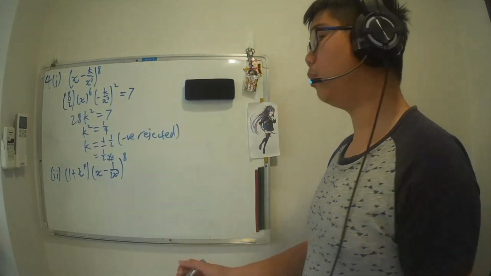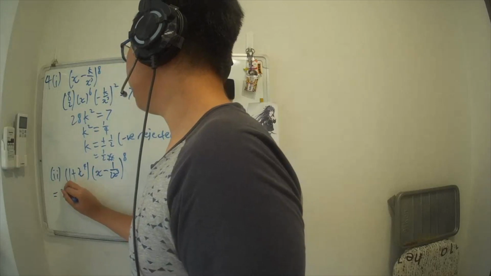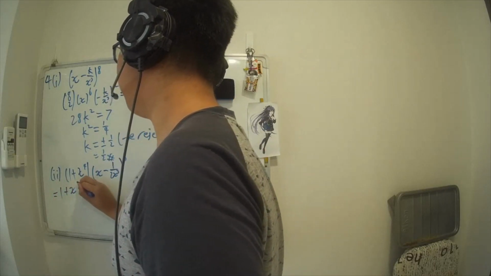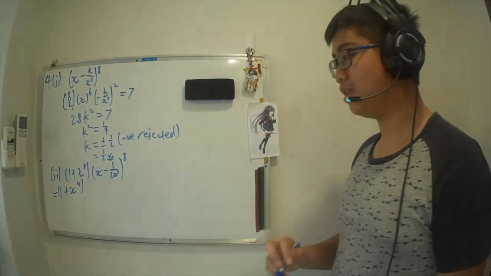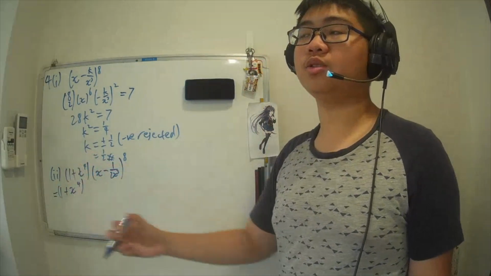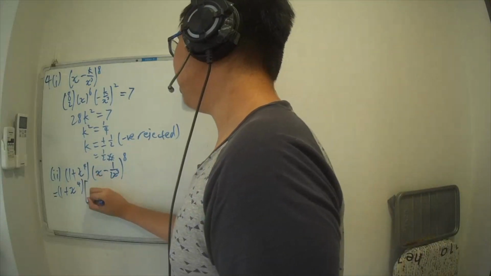So let's do this the normal way. So this will be equal to 1 plus x to the 4th power. We need to expand the first 4 terms because we want to get the x to the negative 4 term to cancel out the x to the 4 here, so we have a constant term, right? Okay, so let's do it.